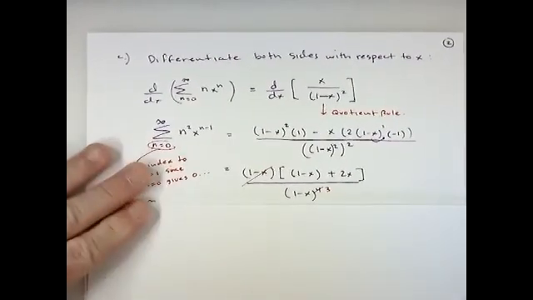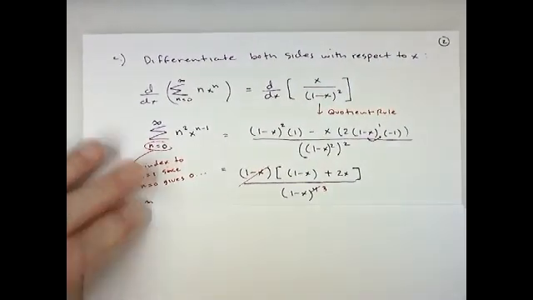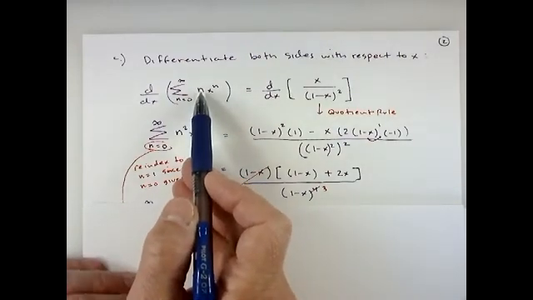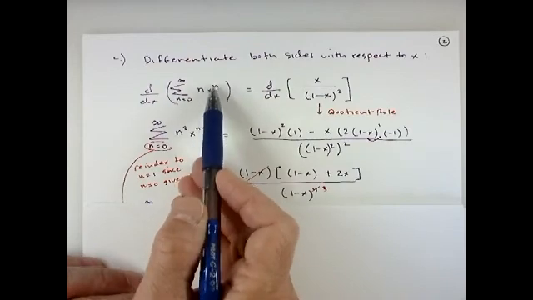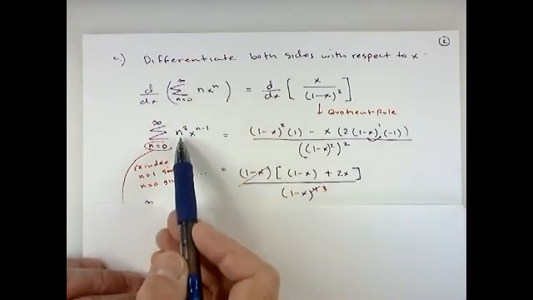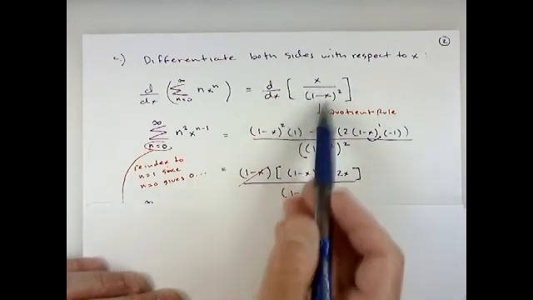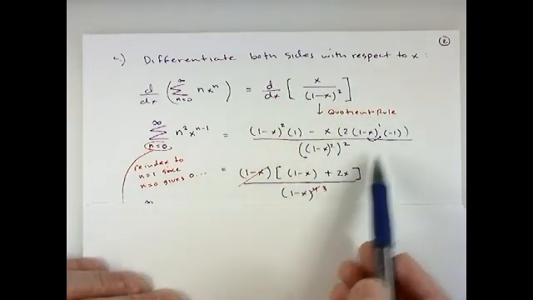Now we're going to differentiate that series again, both sides. So for the derivative of the left side, we're going to bring that power down. Remember, n's a constant, so that'll be n squared x to the n minus 1. And for the derivative of the right side, we're going to need a quotient rule.